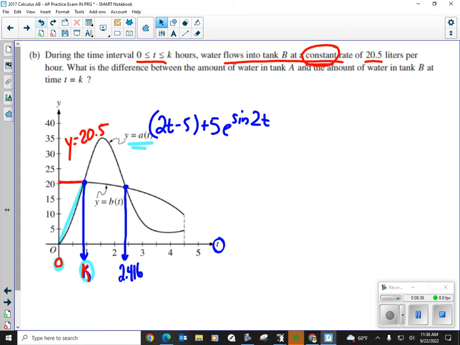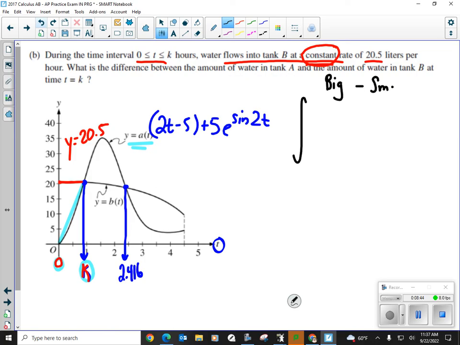The only problem is, let's set up our integral first. I'm going to integrate. And I always want to take the bigger function minus the smaller function. Okay? The problem is, how do I tell? Starting at the x-axis, the bigger function is the one that's higher. The red is definitely higher than the blue. So b of t is definitely higher.